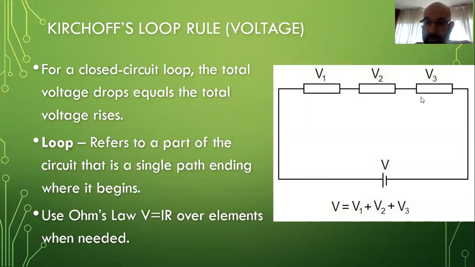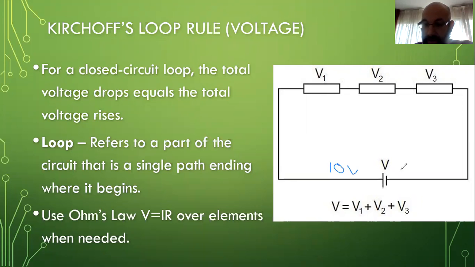So here's an example. Let's say this voltage has a value of 10 volts, not 10 ohms, 10 volts. As it goes through this, it has to spend that voltage in this resistor and this resistor.